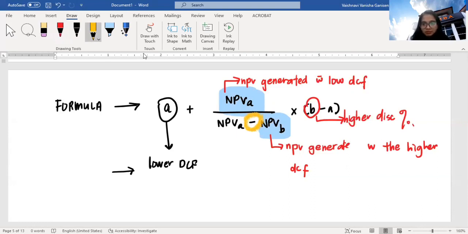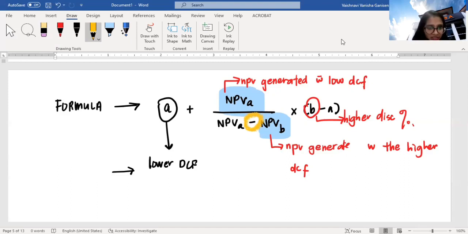Okay, now, how to calculate the IRR? I'm going to show you a very simple calculation. Later we will do a more difficult calculation. As of now, let's just do a simple one first, and then we proceed to the difficult question.